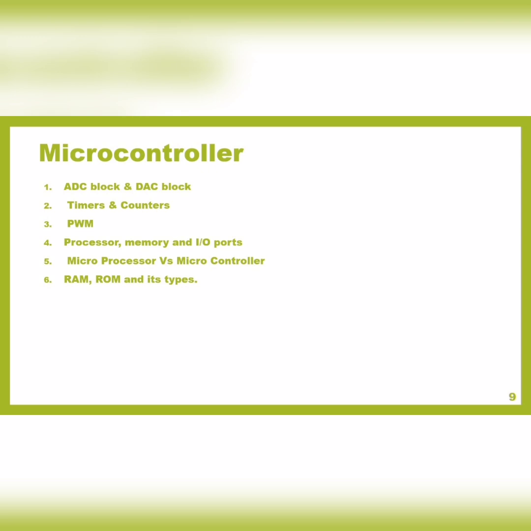This cycle repeats continuously until the program ends or is interrupted. Under the concept of microcontroller, we discussed about ADC and DAC blocks, timers and counters, PWM, processor, memory and IO ports, differences between microprocessor and microcontroller, RAM, ROM, and its types.